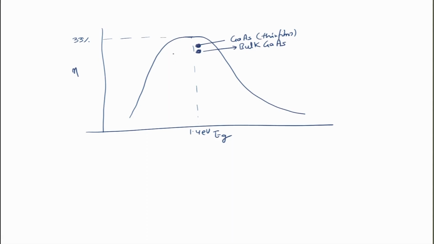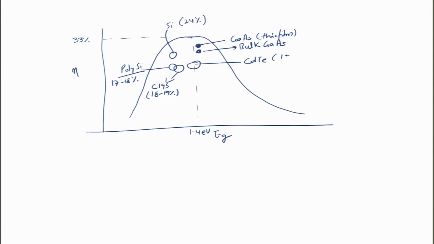Silicon is somewhere here, its band gap is 1.1. So, this is silicon, this is at about 24% or 24.7%. Polysilicon is lower, this is polysilicon, which is at about 17-18%. Then we have CIGS, which is again at about 18-19%, and then we have CdTe also somewhere here, which is about 19% or so.